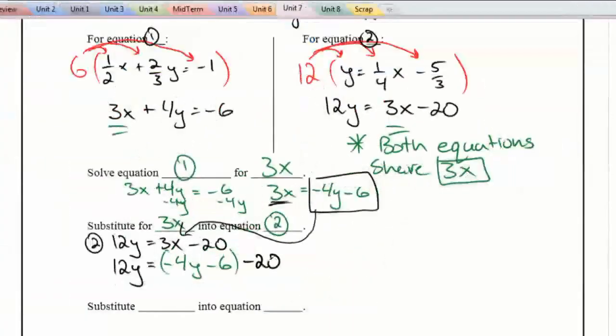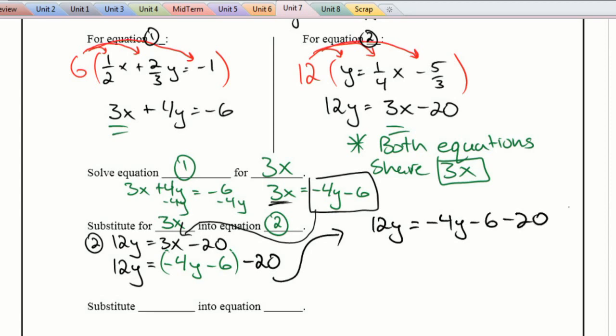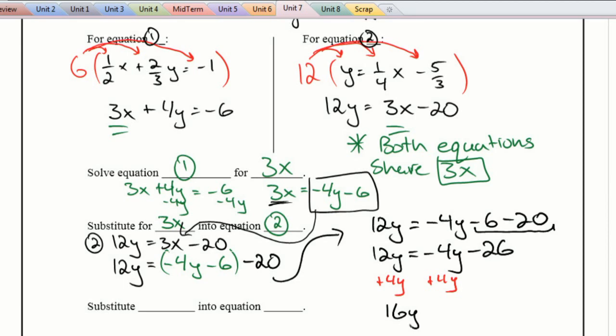So let's continue this up here and solve for y. We have 12y is equal to negative 4y minus 26, just combining these two together. Then I'm going to add 4y to both sides. So 12 plus 4 is 16y is negative 26.